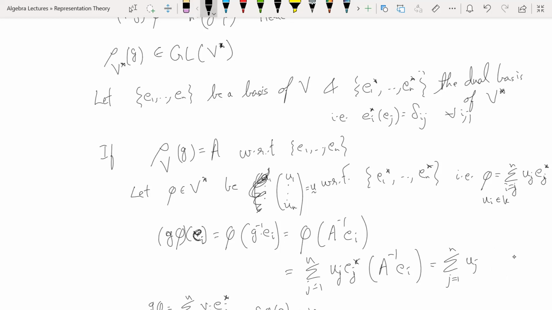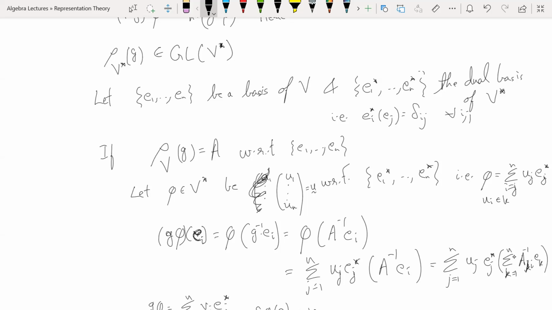So this is ej star of the ith column, which means the sum over k equals 1 to n of the (k, i) entry of the inverse matrix times ek. You can write it this way, right?